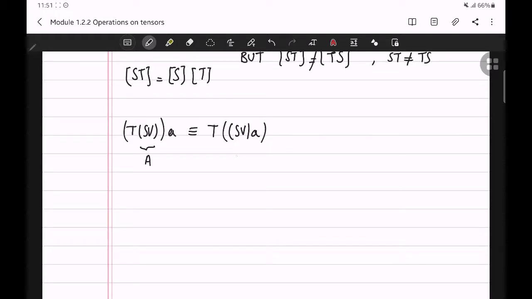And you can also treat SV as we had TS before, so you can say that this is TS and you put Va here.